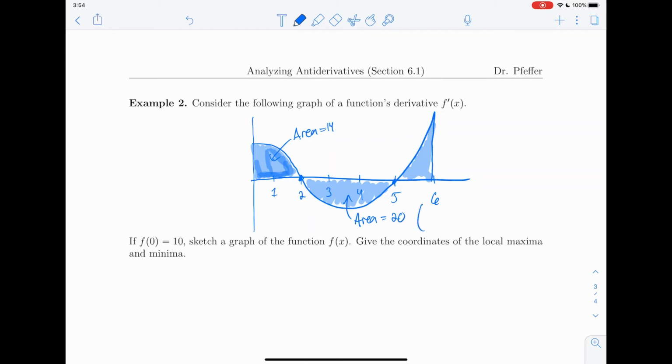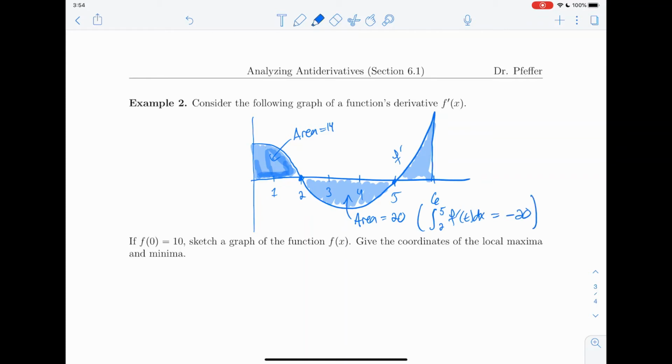Remember, since it's beneath the axis, the area is 20, so that's unsigned area. But since this function is f prime, if I were to integrate f prime from 2 to 5, I get signed area and I'd get negative 20.